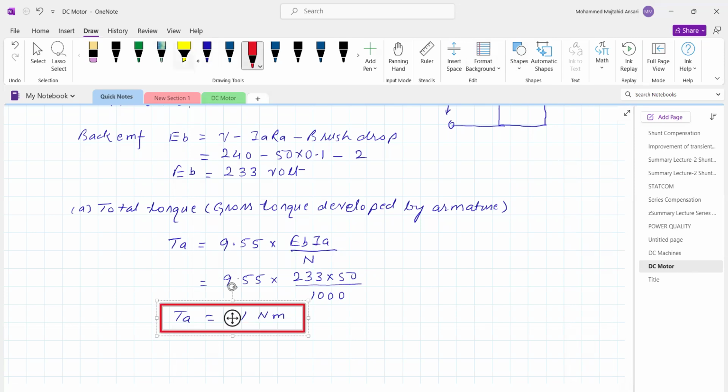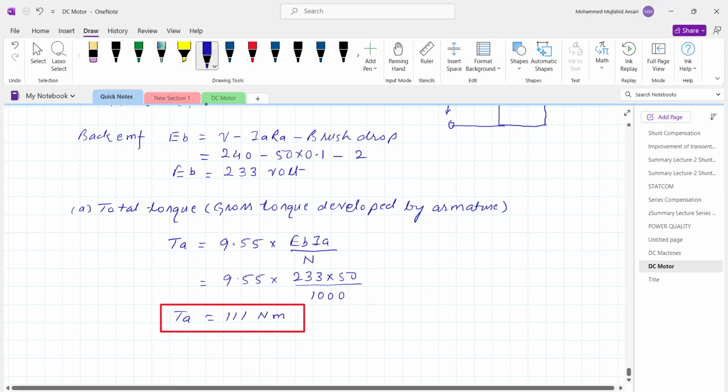Now the second, part B, is the useful torque. Useful torque means the torque available at the shaft.